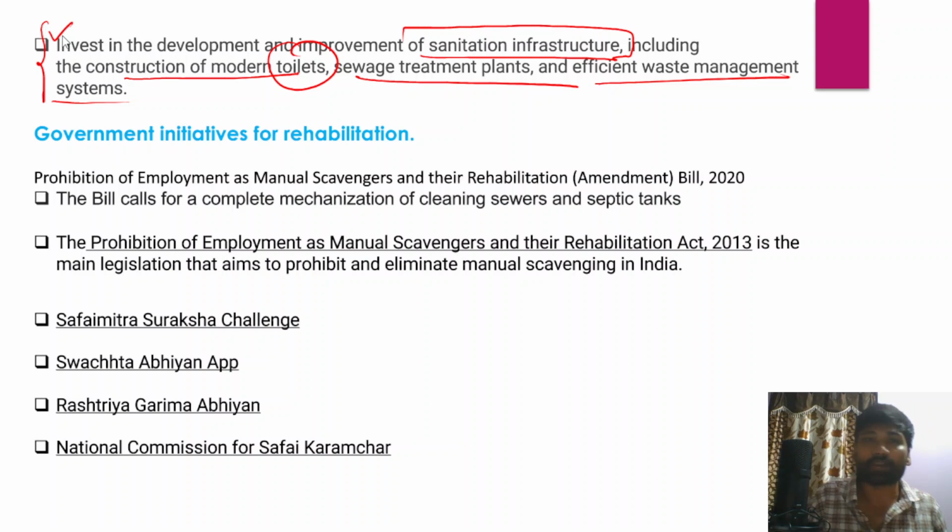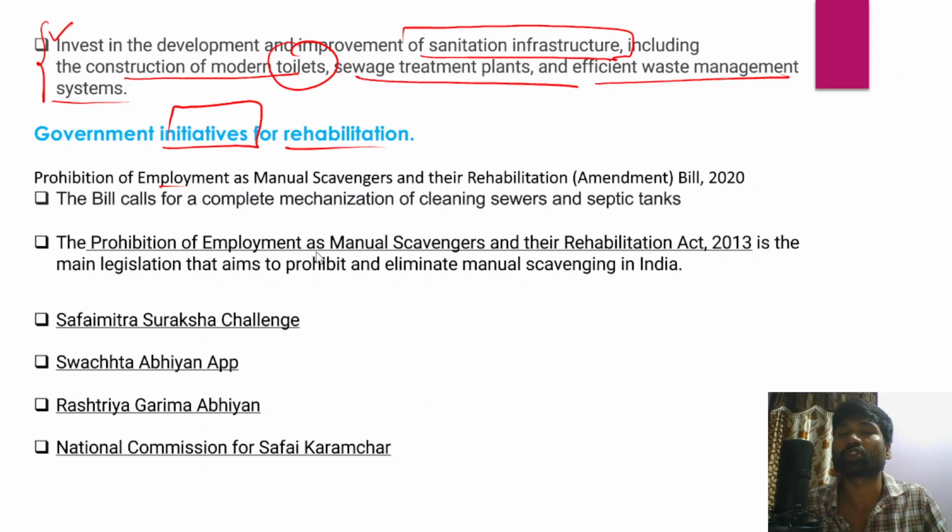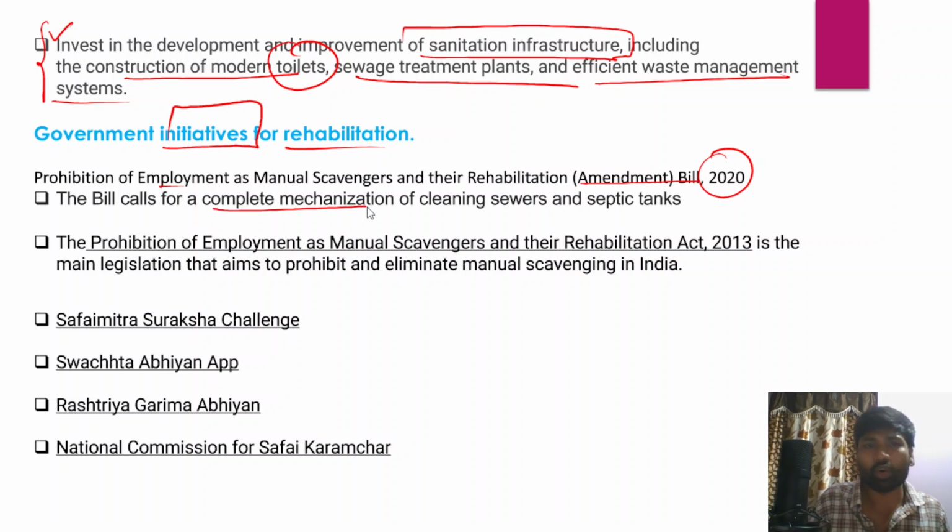However, the government has brought in certain initiatives for the rehabilitation of manual scavengers. For example, the government has introduced the Prohibition of Employment as Manual Scavengers and their Rehabilitation Act of 2020 bill. And this bill actually calls for a complete mechanization of cleaning sewers and even septic tanks. So this is a bill that must be welcomed.